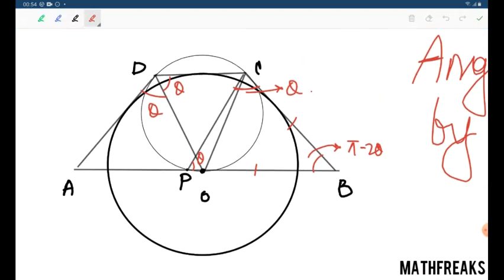Angles subtended by a chord on the same segment are equal, which means that this angle and this angle will be equal, theta, theta.